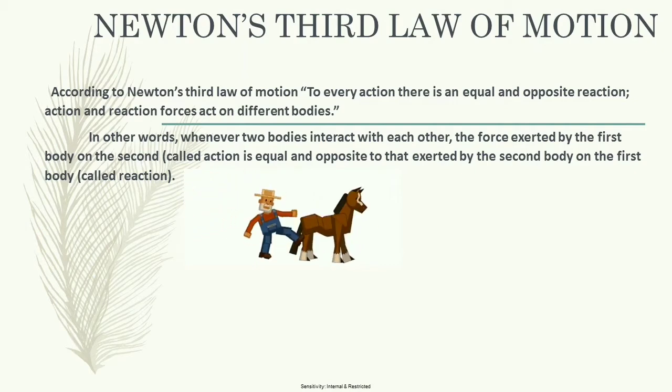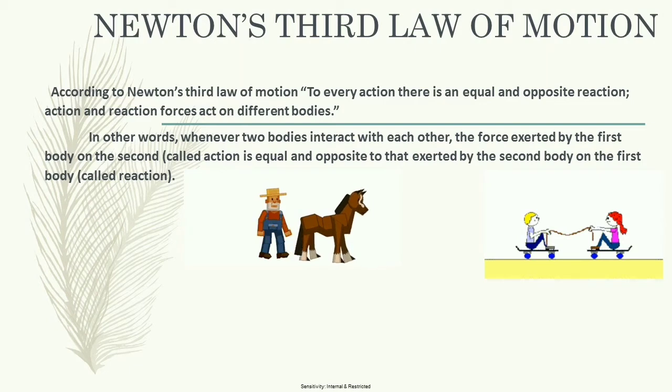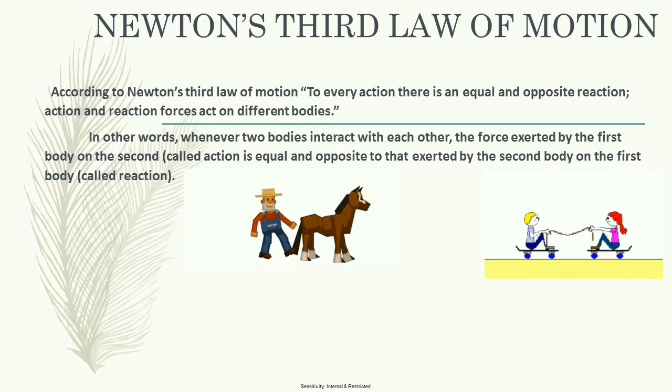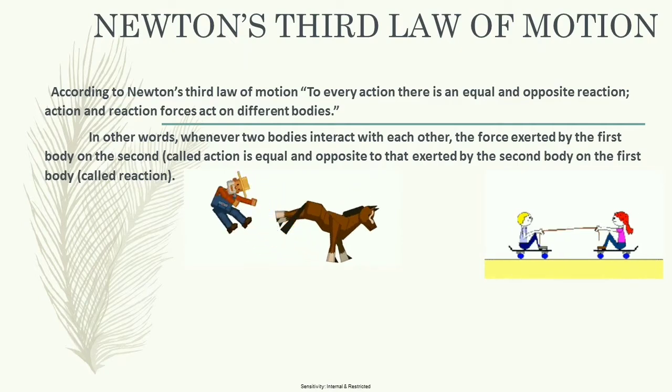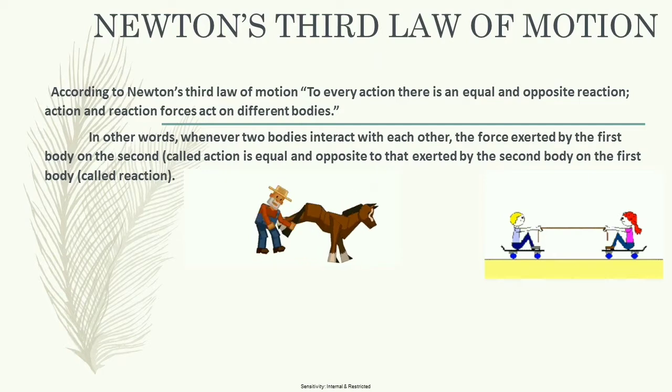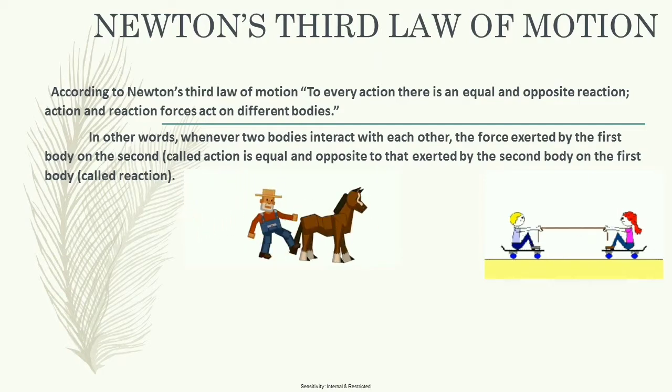So, this is an example of Newton's third law of motion. Another example you can see in this picture: the boy and girl are pushing each other by this rope. One is exerting the action force and the second one is exerting the reaction force, but in the opposite direction.